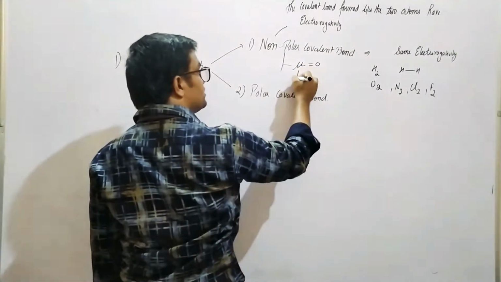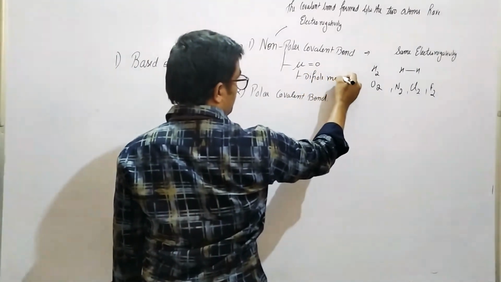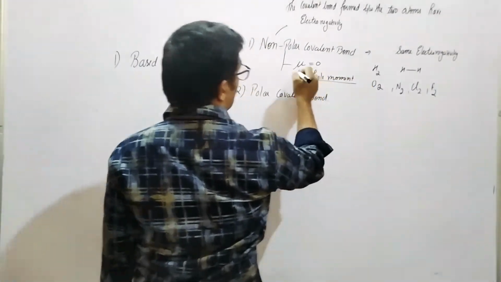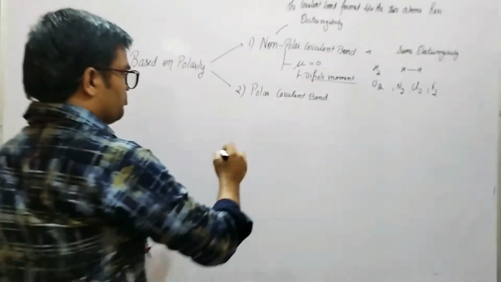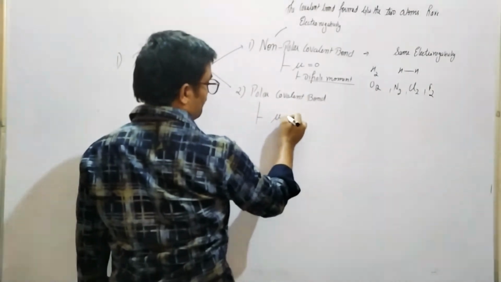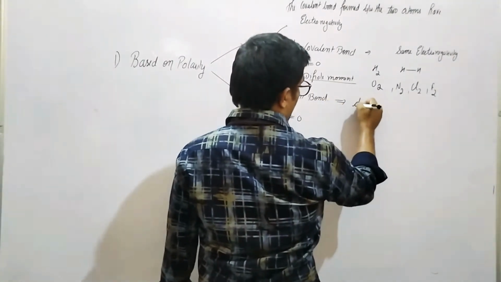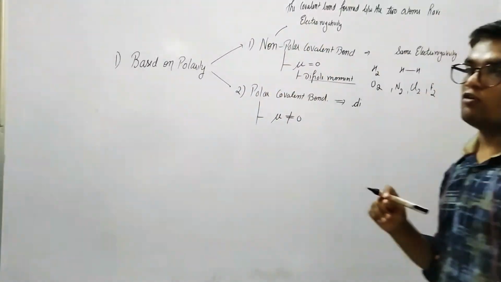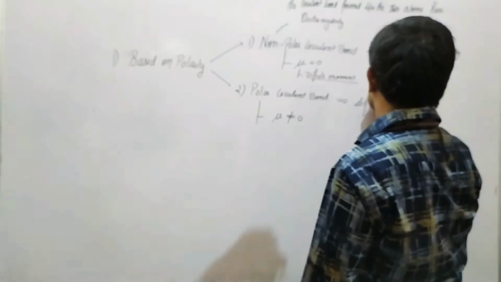We will discuss dipole moment, but first we should know what is a non-polar bond. While in polar bonds, nu is always not equal to 0, because the atoms involved in the covalent bond have different electronegativity.